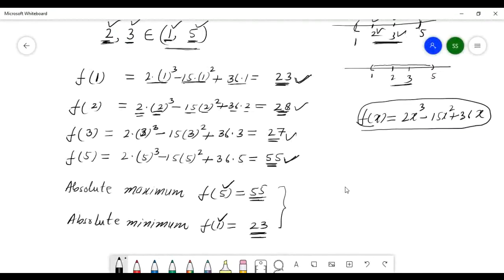Any problem here, you have to remember the rule. For absolute maximum and absolute minimum, first you have to find the critical numbers, and then check whether each critical number is in the interval or not. Then find these values like that, and you will get the absolute maximum and absolute minimum on that closed interval, right?